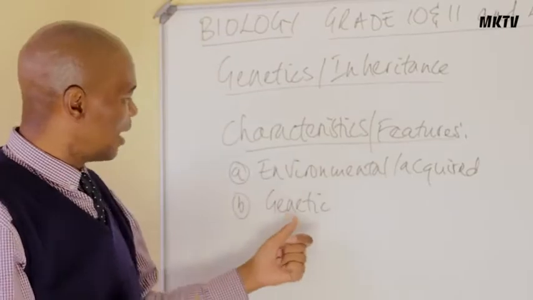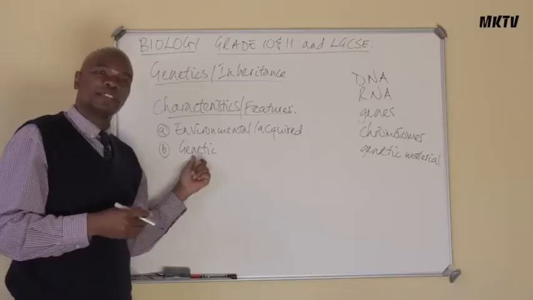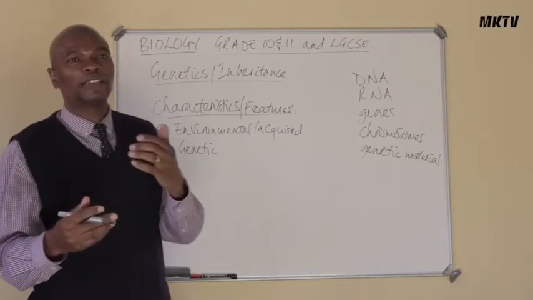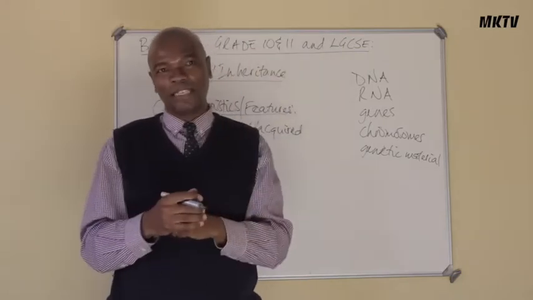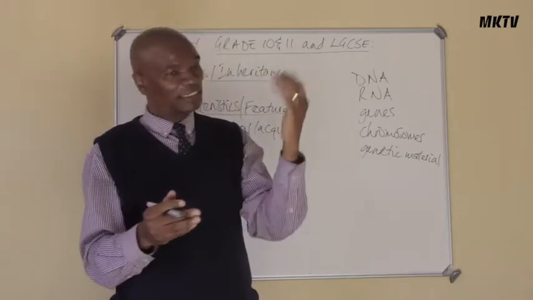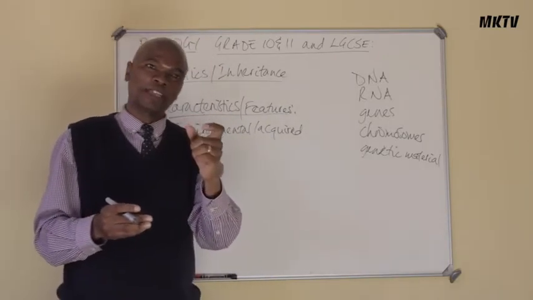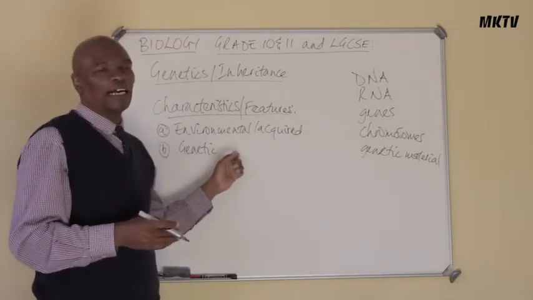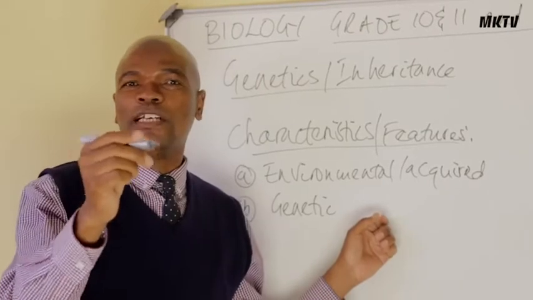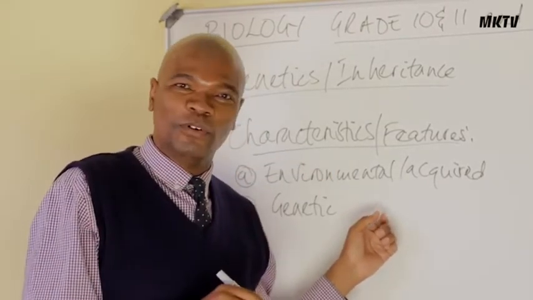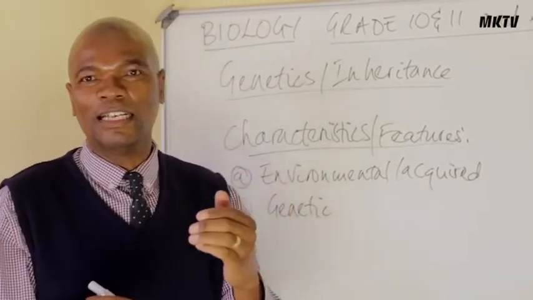And then we come to the genetic ones. The genetic ones are the ones that we inherit from our parents, from their grandparents, and so on and so forth. Things like blood type. You don't just say blood type O. No, that one is deeper than what you think.